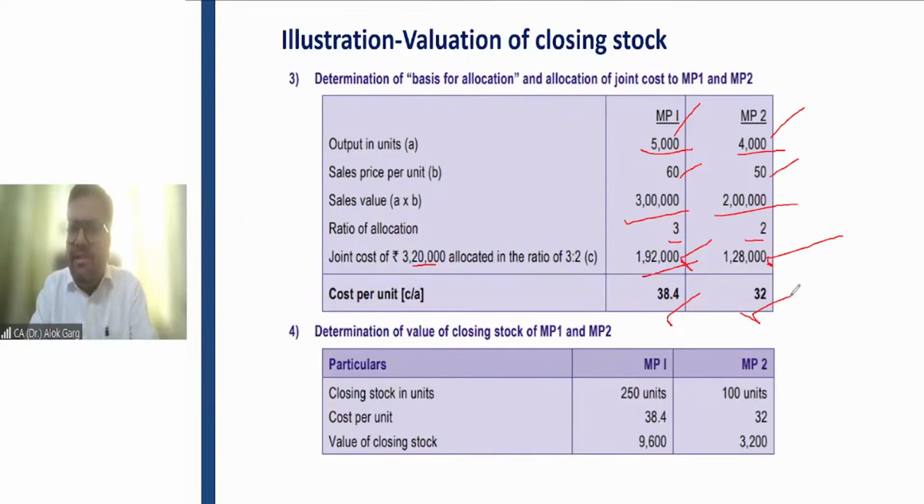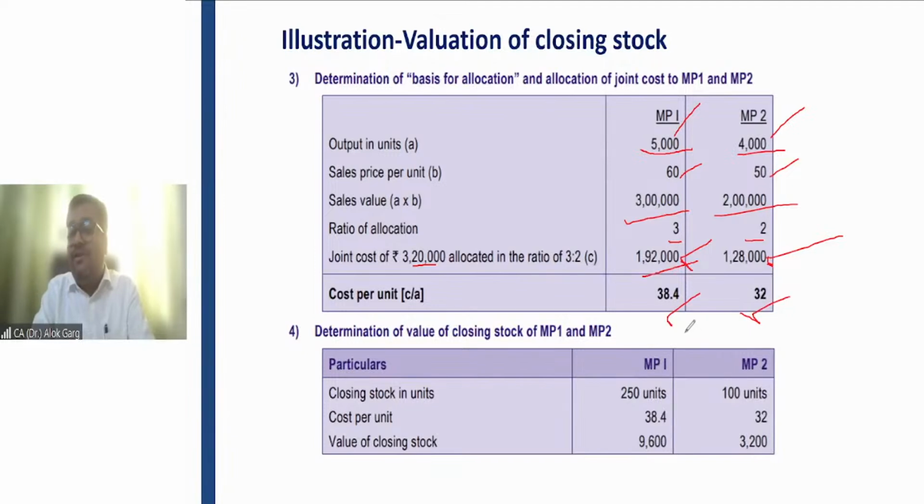No challenge? Simple. What I have done, I have calculated output multiplied by sales price per unit. I got the sales value. Then I have allocated the total net cost of production in the ratio of the sales value, right? Simple. And then whatever cost I got, 192 and 128, I divided by the output produced, and it has given me the cost per unit.